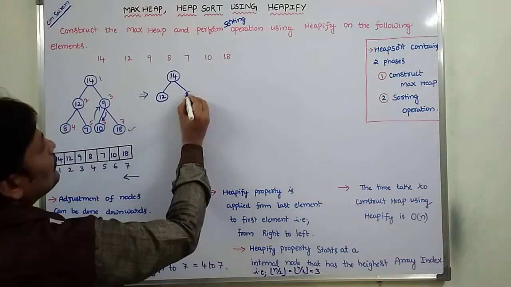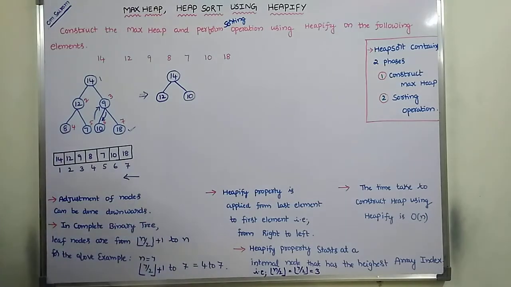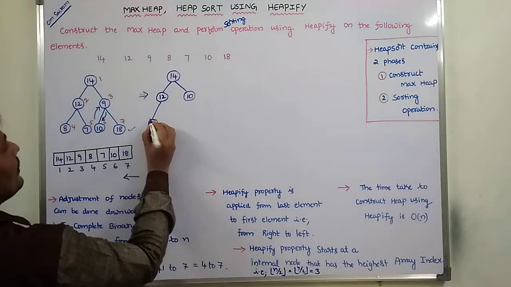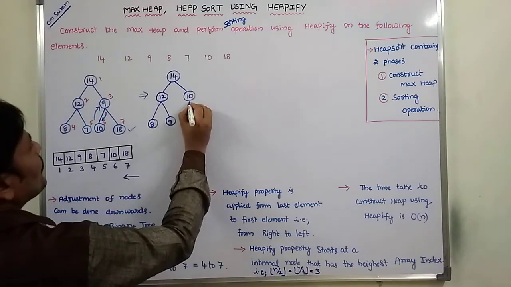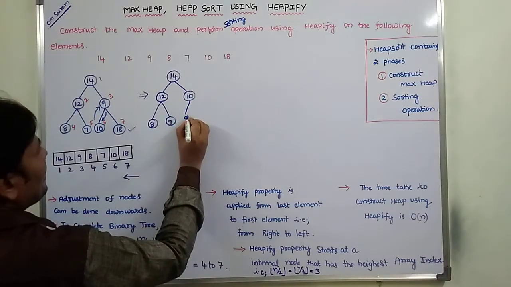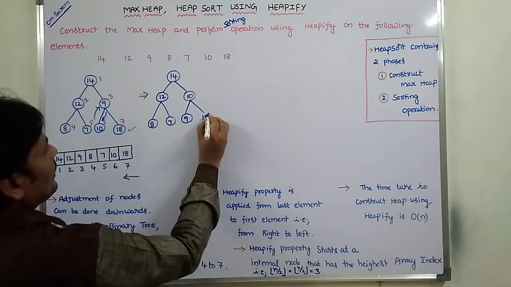Here 10 is there. Next, here there are no changes, 8 and 7. Here 9 is there and here 18 is there.